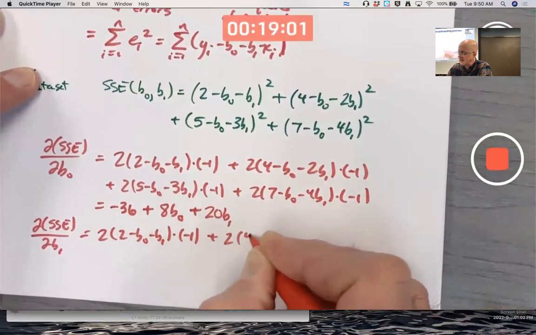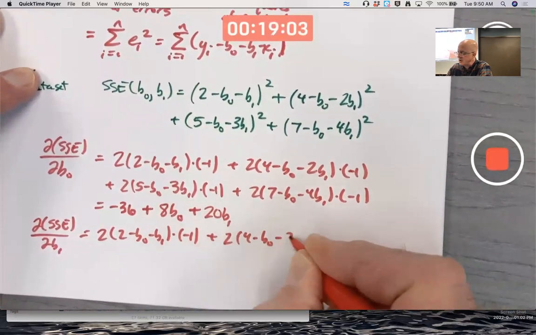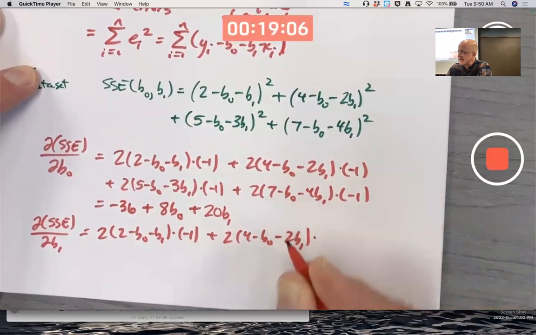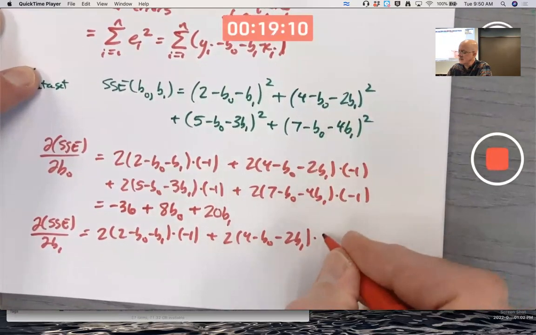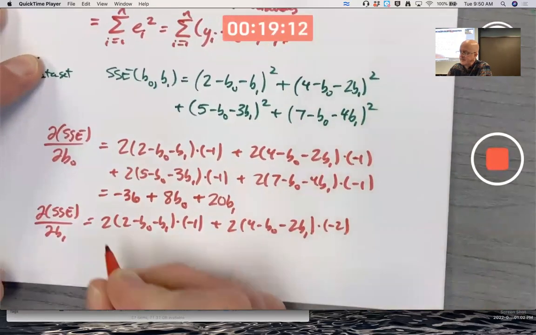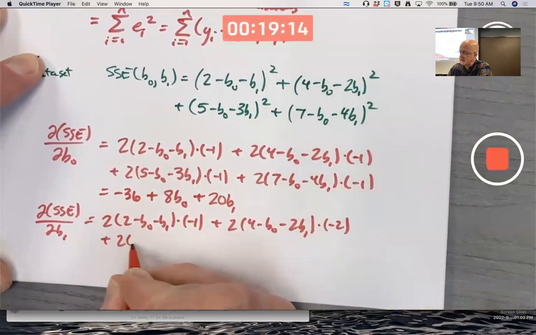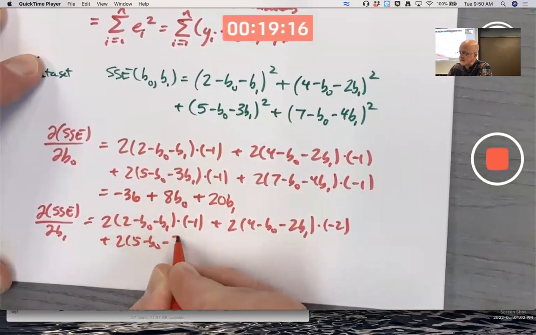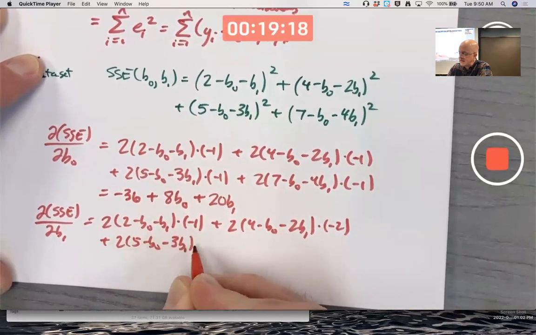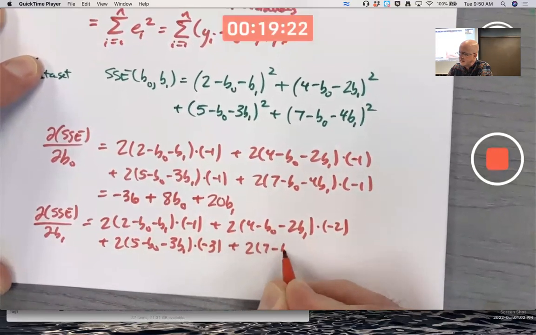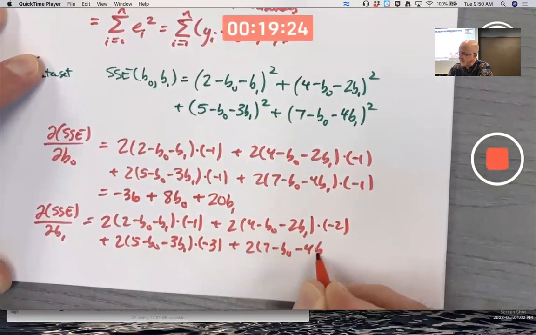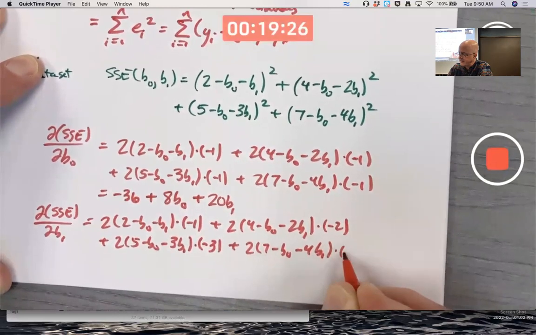With the second one here, you're going to get an extra factor of -2, right? Because -2 is the coefficient of B1. With the third term, you get an extra factor of -3. And with the fourth one, you get an extra factor of -4.